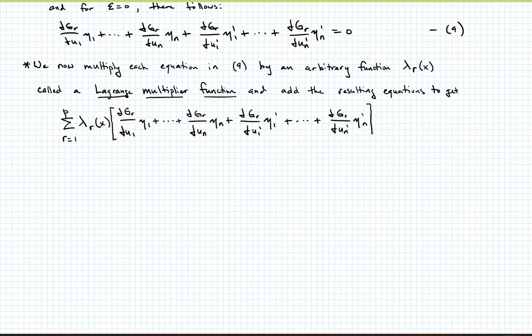And since all of those collectively equal 0, the sum of those also collectively equals 0. So that equals 0, and we call that equation 10.